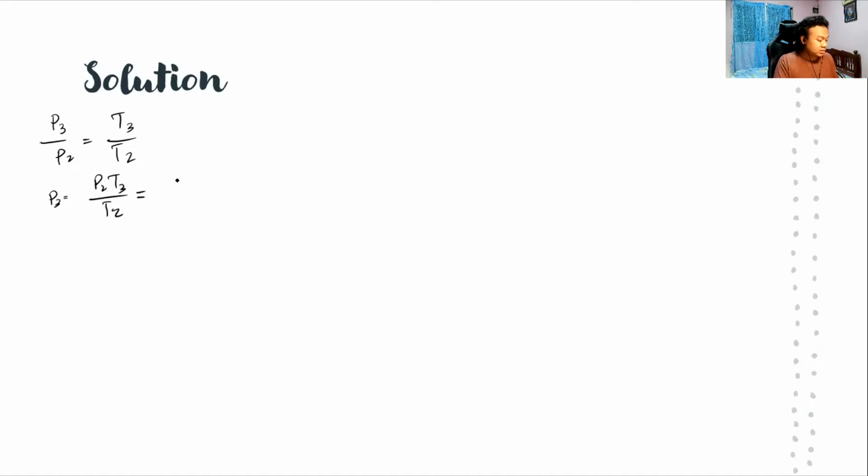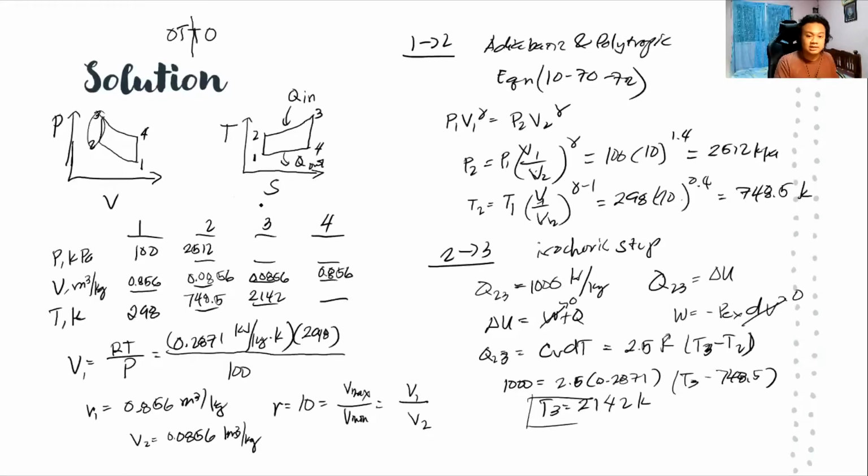So P2 is equal to 2512 times 2142 over 748.5. Okay, so we can get 7,189 kilopascals. Okay, let's list that here.